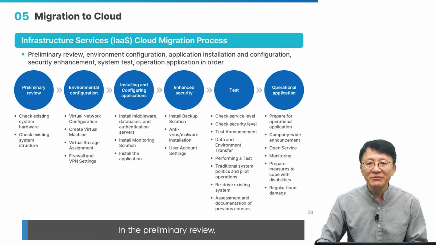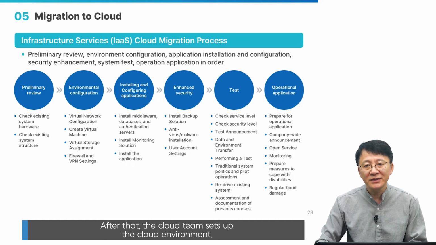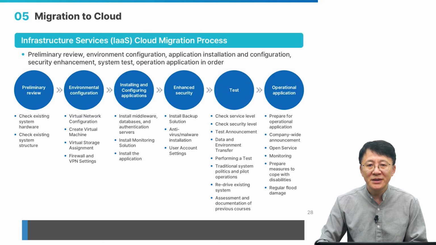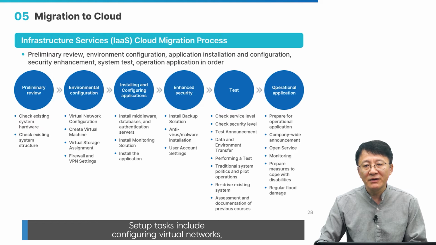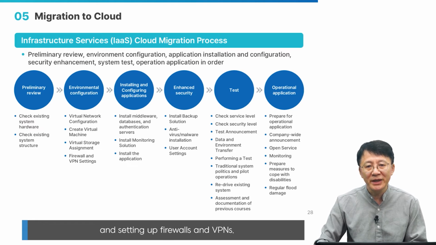In the preliminary review, the structure of the existing system in which the application was running is checked. After that, the cloud team sets up the cloud environment. Setup tasks include configuring virtual networks, creating virtual machines, allocating virtual storage, and setting up firewalls and VPNs.